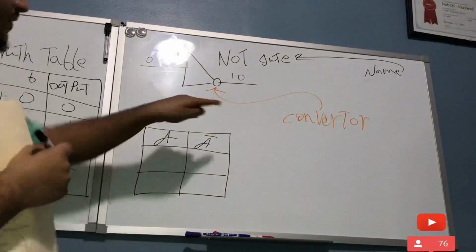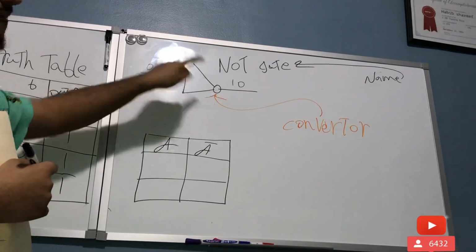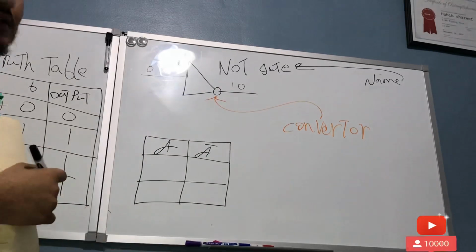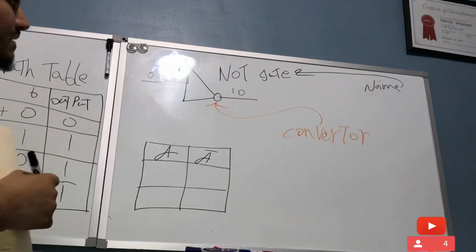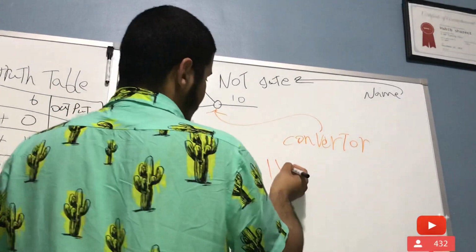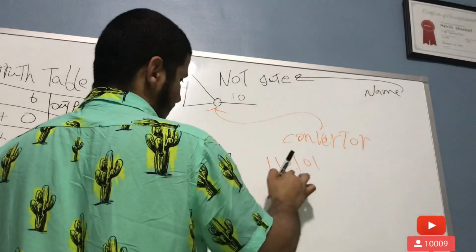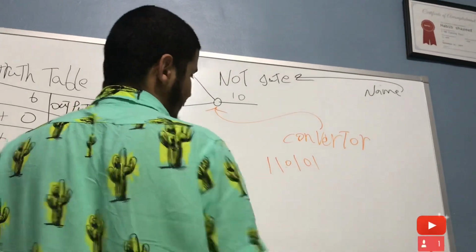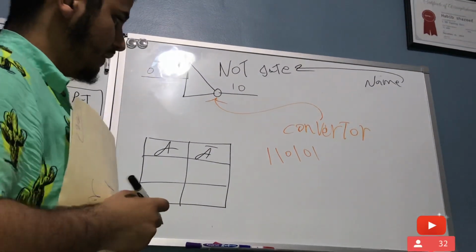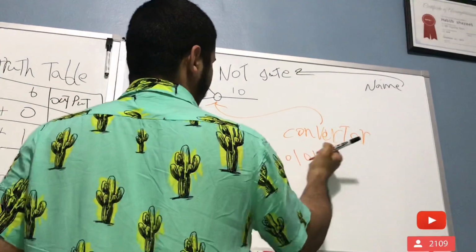That's actually the converter. This one converts from 0 to 1, from 1 to 0. That's actually the NOT gate. That's used, for example, if you have 1 1 0 1 0 1 and you want to convert these to the real numbers, you convert these and add 1.